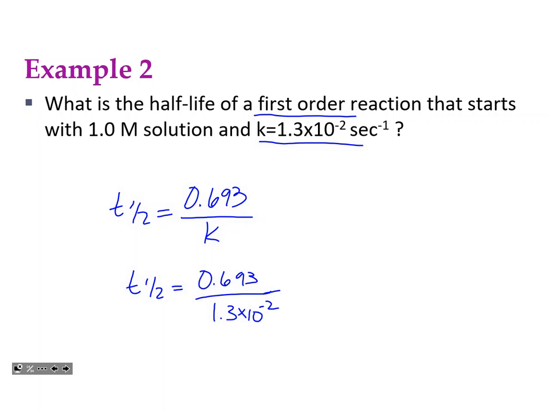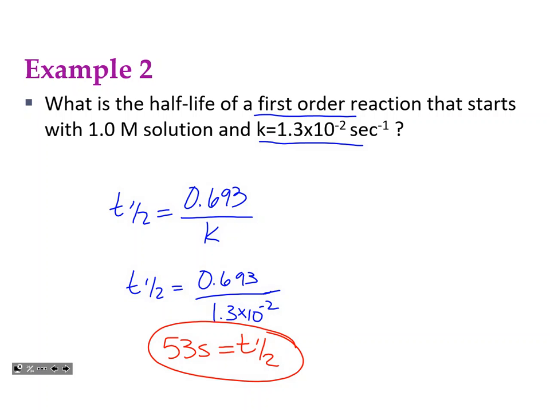How many seconds for our half-life? 53 seconds. Very good. So 53 seconds equals T half-life here. Not too hard. Pretty easy stuff. Tells us it's first order.